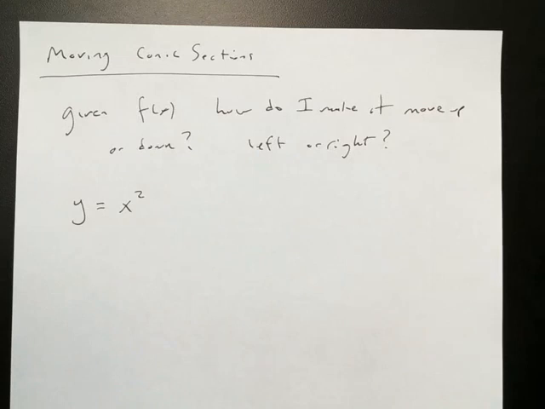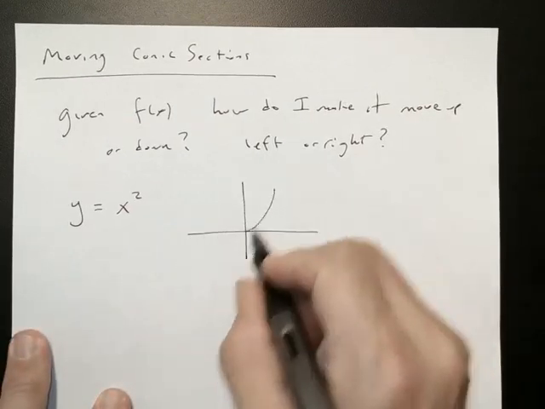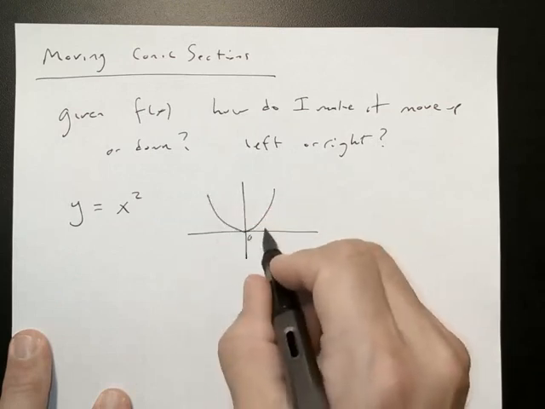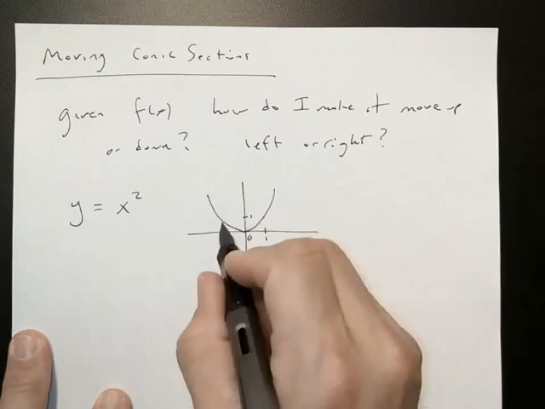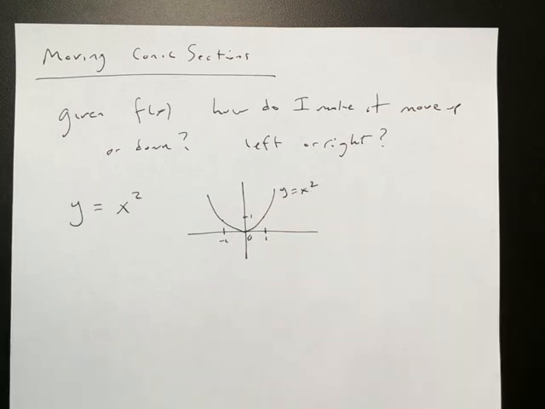That also happens to be a parabola. There's the graph of y equals x squared. If I want to move that up 3 units, what's the new equation that's 3 units higher than this one?